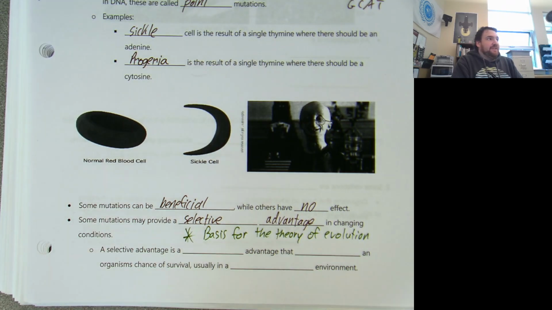An example of this could be something like skin color. When we just discuss skin color, like I told you, I'm from Germany. My family's German. I have a side of my family that's Russian. So in the northern hemisphere, Russia and Germany are known for their winters and their rain.